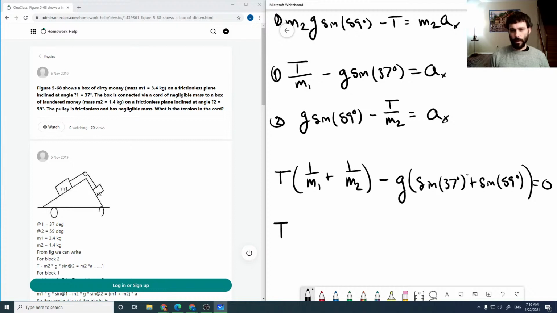So then we can solve for the tension by rearranging this.